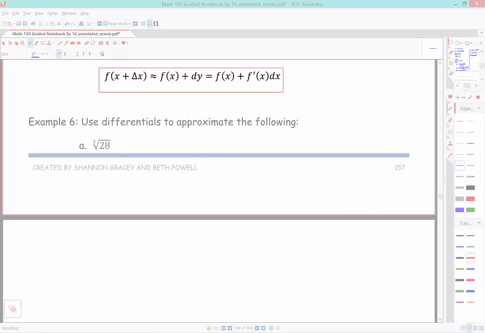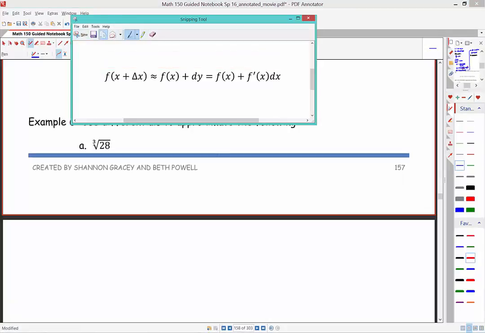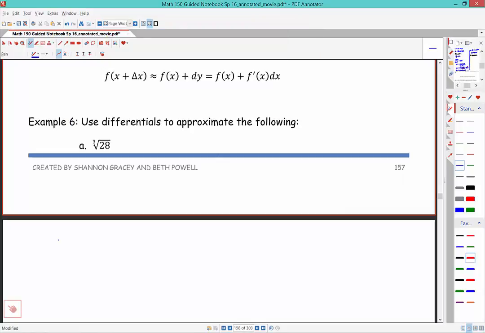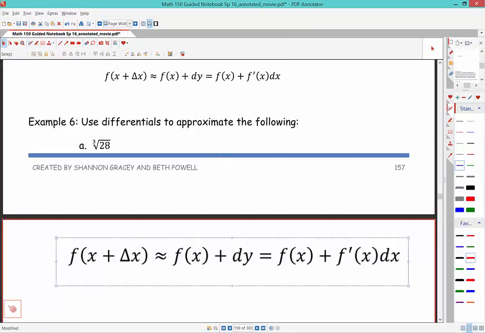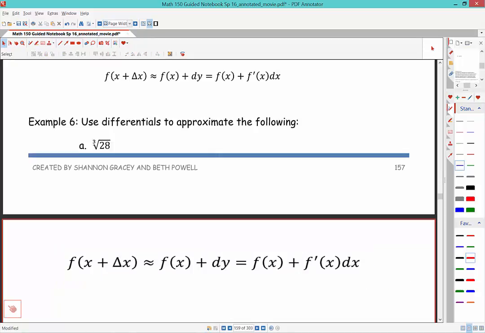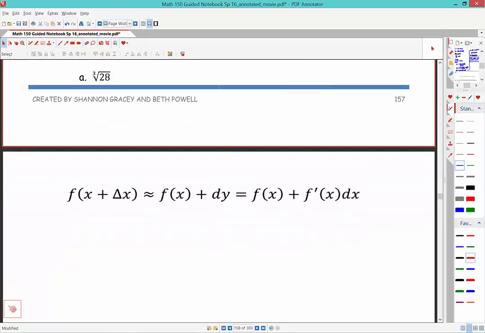So this is our formula that we use here, and it's really pretty cool. The beauty of this is we can use differentials to estimate these function values. And before everybody had the use of calculators and whatnot, this is what they had to do.